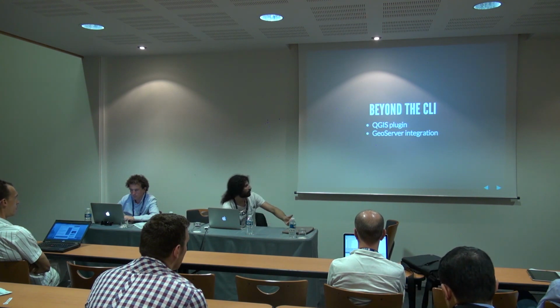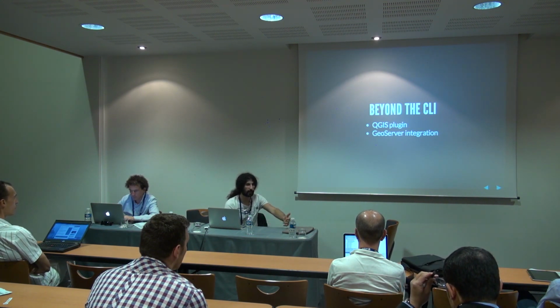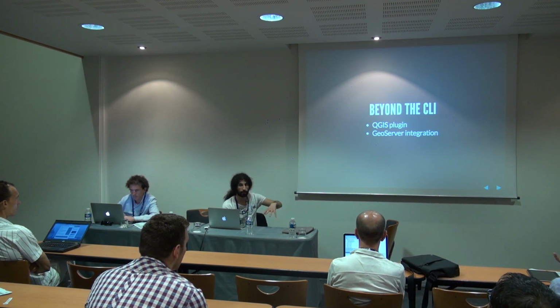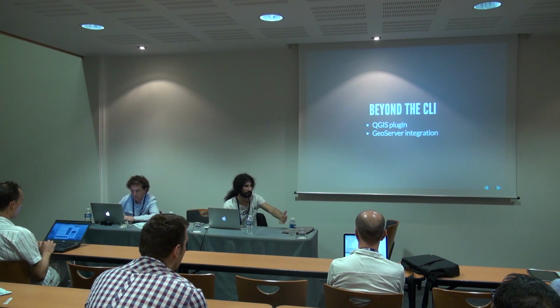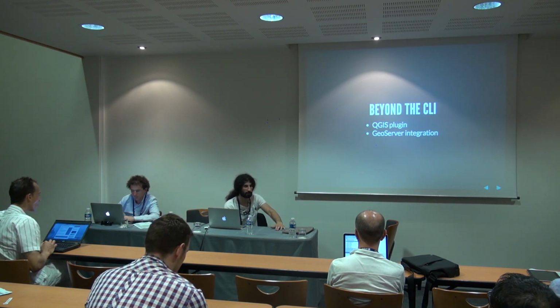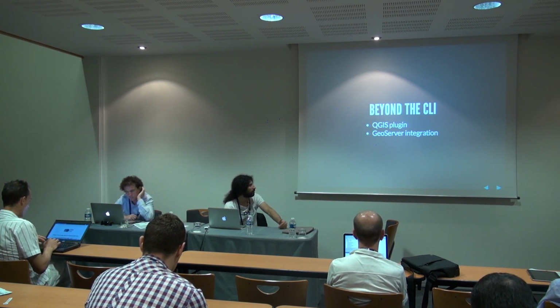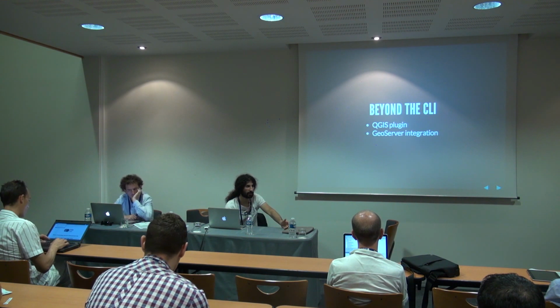We have some things to go beyond the command line interface. We like to say that GeoGit is not actually an application, it's a library, because we see it as the base, the foundation for other things. Whenever you need geospatial data versioning, you just put GeoGit, and then on top of that you put other different things. The most basic thing is to put something that is more graphical.